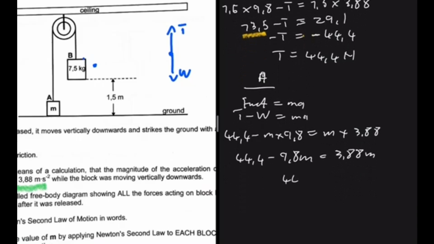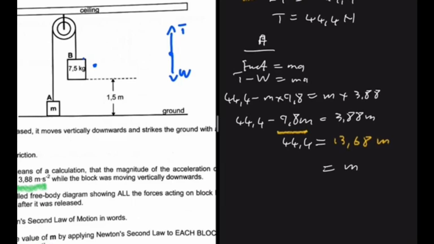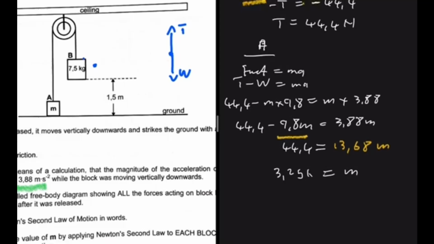It's easy to see that we're gonna have 44.4, and then it's equal to, so we take this term to the right hand side, so that is 3.88 plus 9.8, which is equal to 13.68 M. If we divide both sides by 13.68, we're gonna have 44.4 divided by 13.68, and then the size of our mass is 3.25 kgs, right?